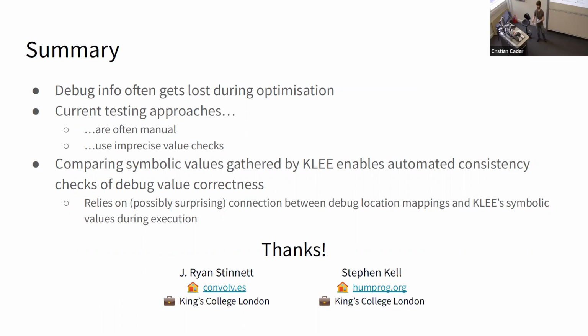And we claim that comparing the symbolic values that we're getting from KLEE will help give an automated approach that can leverage test generation, but also more precisely check value correctness compared to previous approaches. And it relies on this possibly surprising connection between the debug location mappings in DWARF and KLEE's own symbolic values during execution.